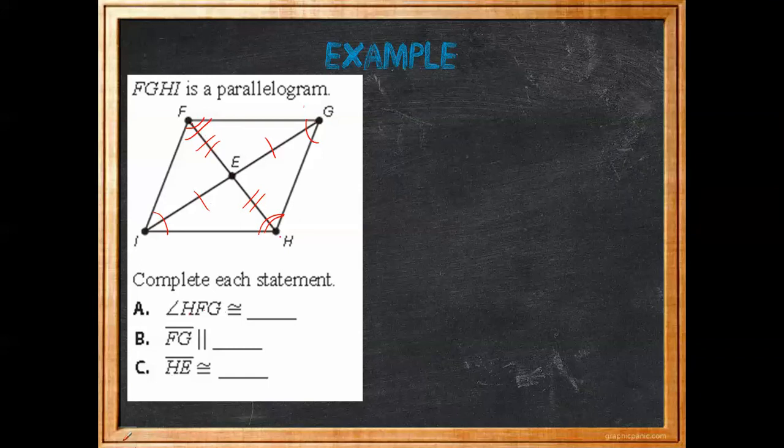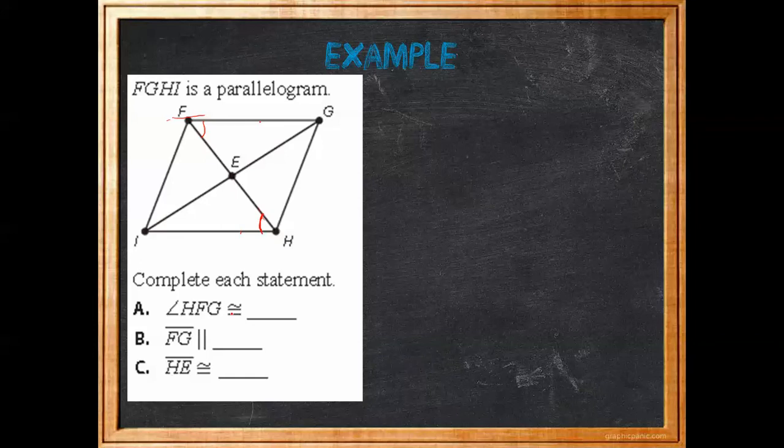Look here, HFG. I'm going to clear this so we can see a little better. This small angle right here, we want to know what that small angle is congruent to. We know this is a parallelogram, so this line is parallel to this line, and these are on this transversal. This angle is an alternate interior angle to this one right here.